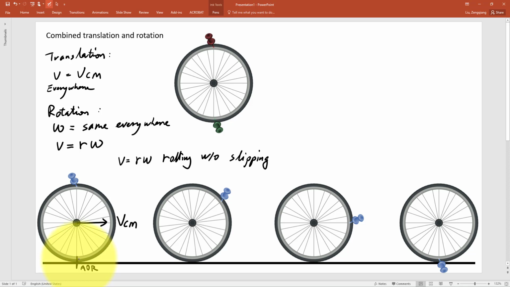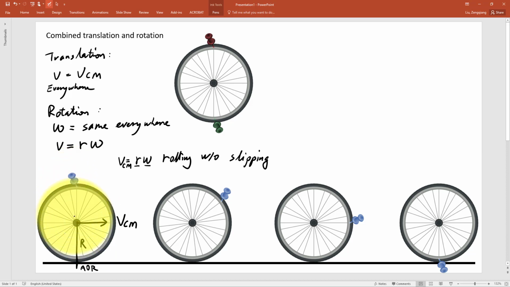So the V equals R omega applies to the center of mass, and this point is exactly 1 r away. So the center of mass has to move at this speed that is related to the angular velocity. And if you use that idea, this point has to move at twice the center of mass velocity.